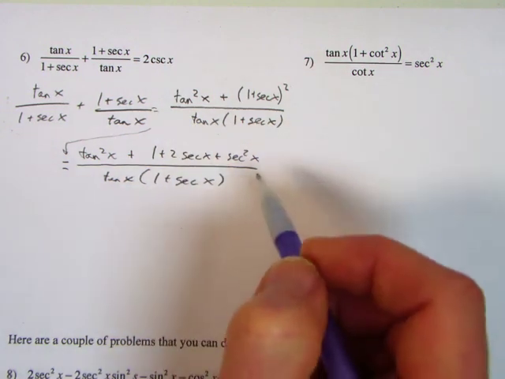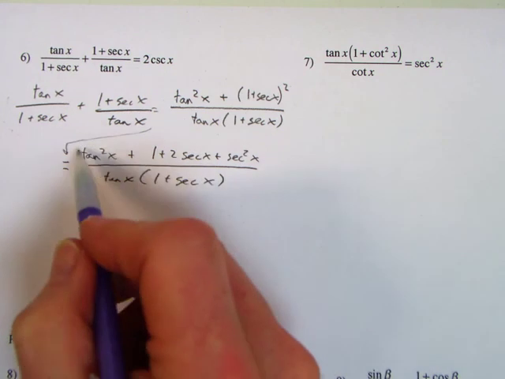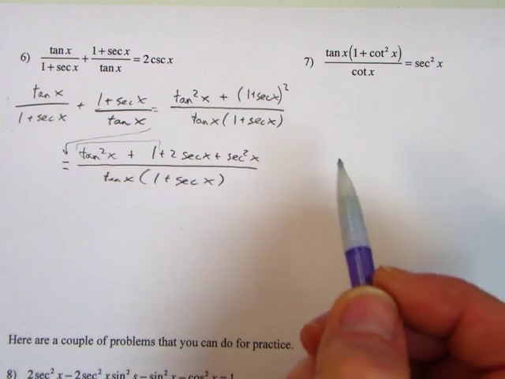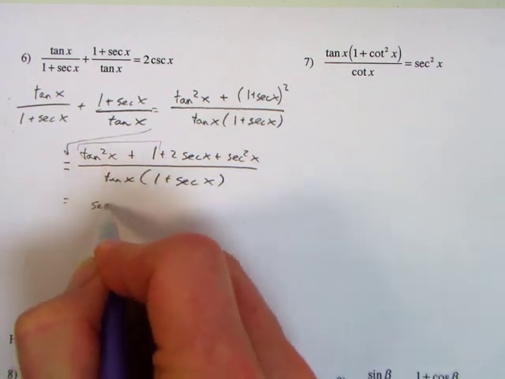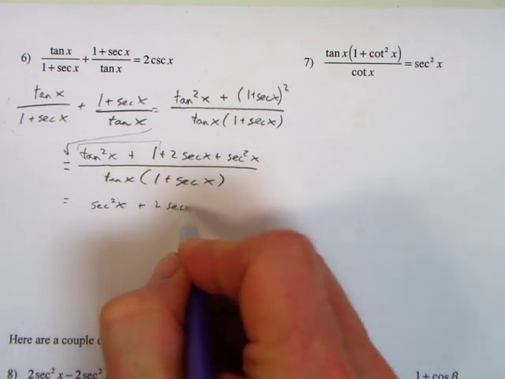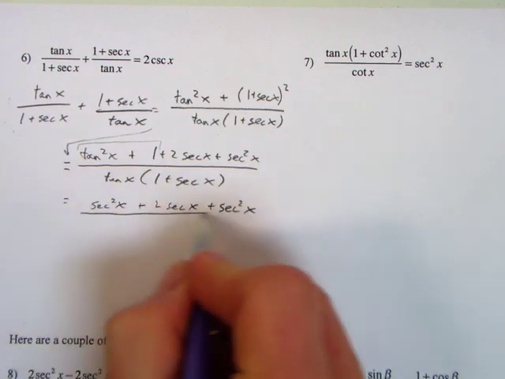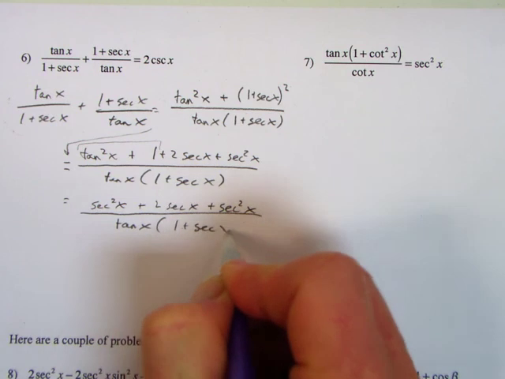Somehow a lot of this stuff's going to go away. Look at the top. Do you notice any identity in the top? Look at this. If we group this part together, 1 plus tan squared, what does that equal? That equals secant squared. So I have secant squared plus 2 secant x plus secant squared x divided by tangent x times 1 plus secant x.